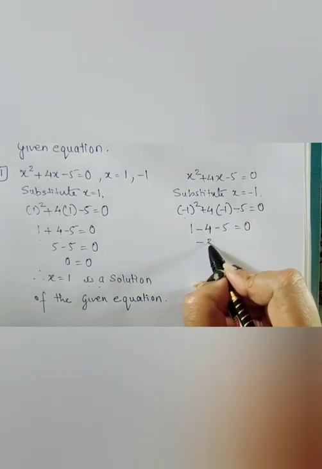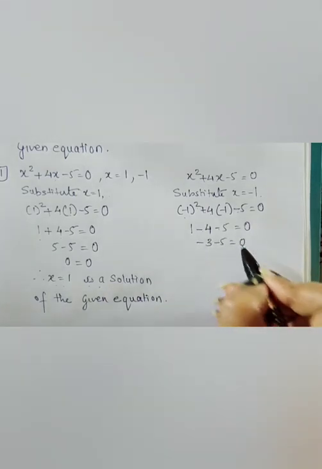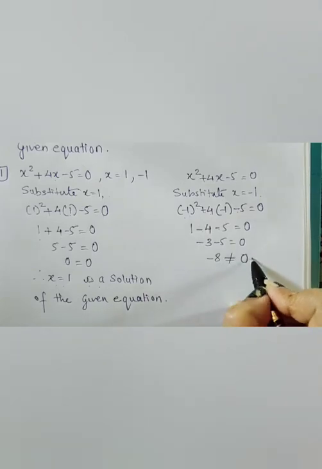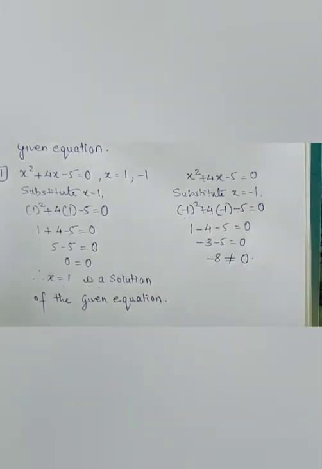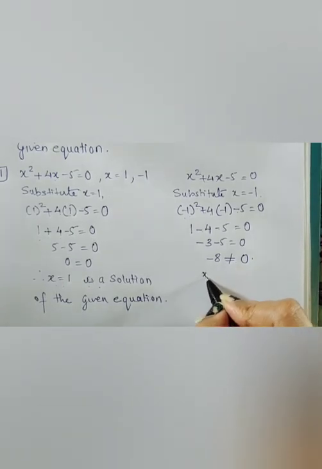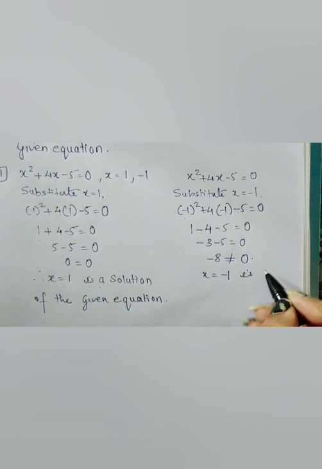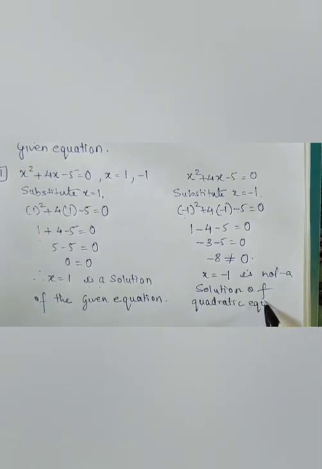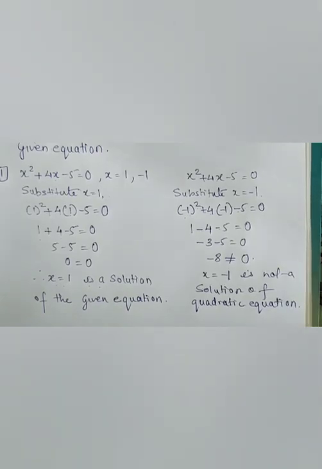Here minus 3 minus 5 equal to 0. Again you will get minus 8, which is not equal to 0. So x is equal to minus 1 is not a solution of the quadratic equation. I hope you understood.